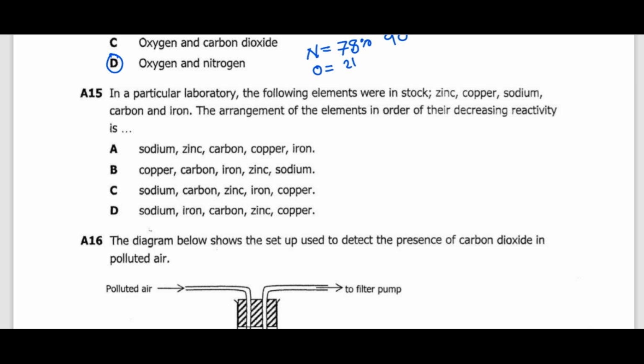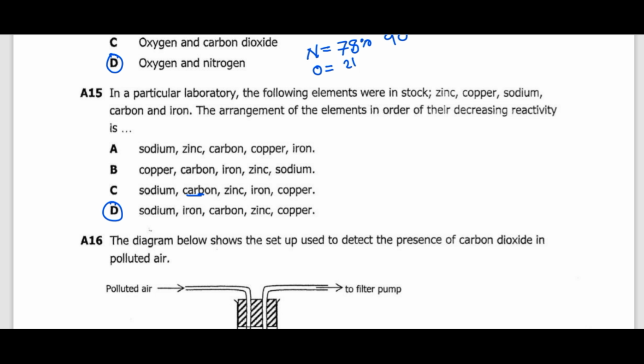So let's look at A or D, because carbon is not as reactive as iron or zinc. So which one is the most reactive after sodium? The answer here is D.